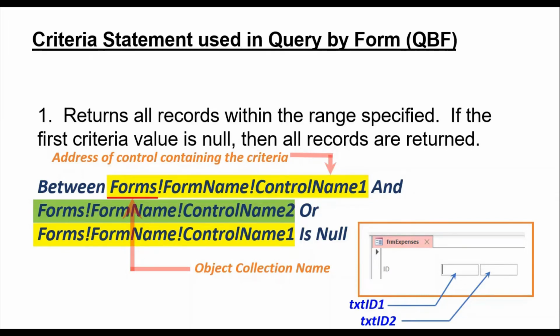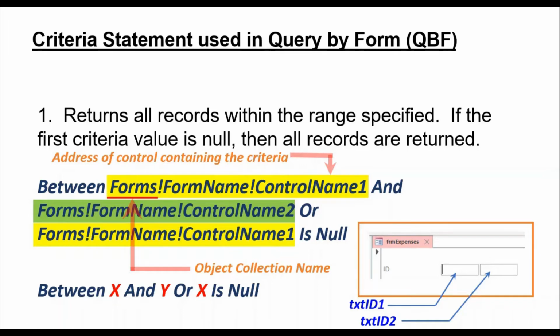If this criteria seems to be complicated, we could see it this way: Between X and Y, or X is null, where X is the address of the first box and Y is the address of the second box, and X again is the address of the first box.